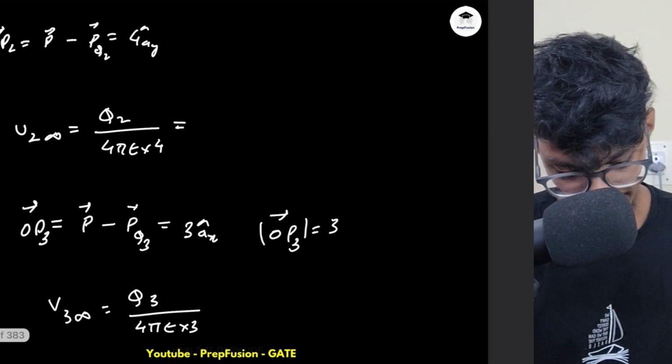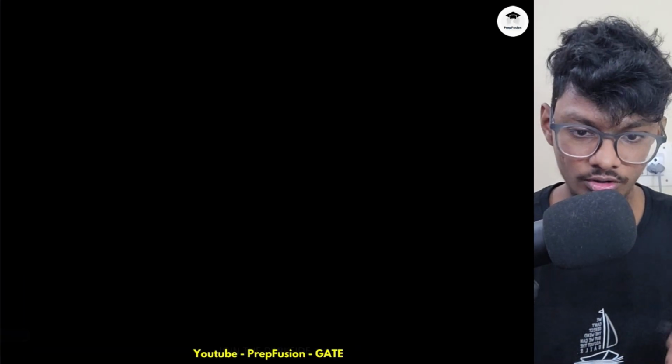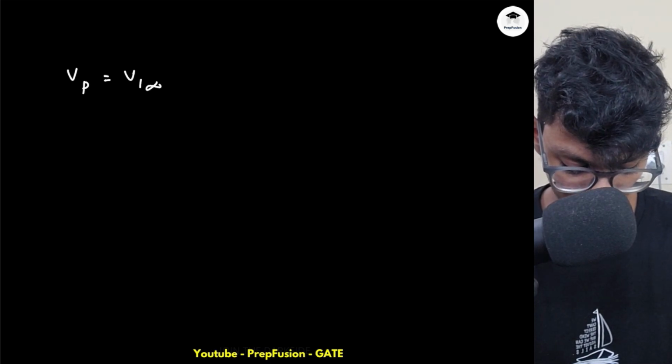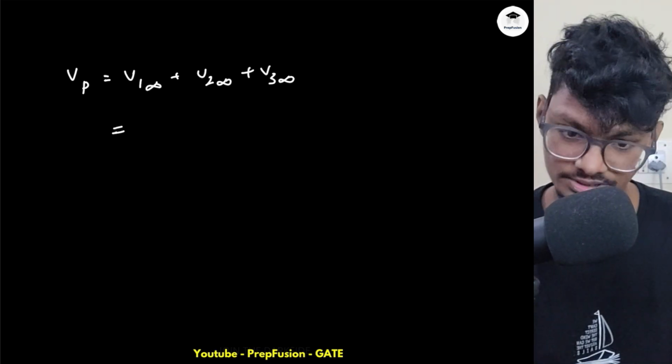Okay, so I will just add these 3 because all of these are scalar, right? So overall my potential Vp will be simply the potential due to first plus potential due to second plus potential due to third. Simple scalar sum.